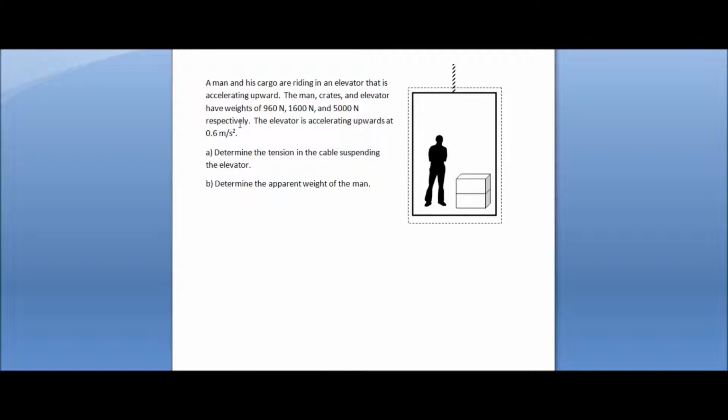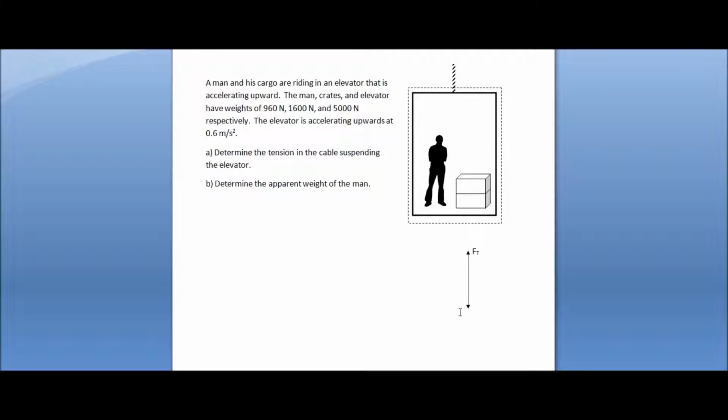So we're going to start by doing a free body diagram for our system. We've got the cable pulling up on everything, and we've got the earth pulling down on everything. This one up here, that's the cable, is FT.